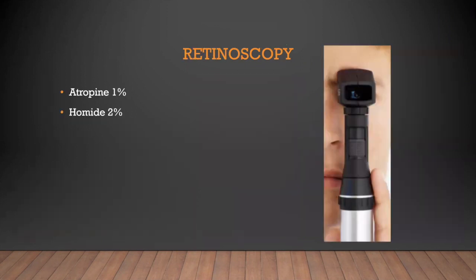You want to look at retinoscopy or refraction of the patient after that, because we do not want to assess squint in a patient that is not refracted at all. First, we want to use either atropine. If it's a very young child, less than 1 year, 100% you're going to use an ointment, atropine 1% to dilate or cycloplegic the eyes.